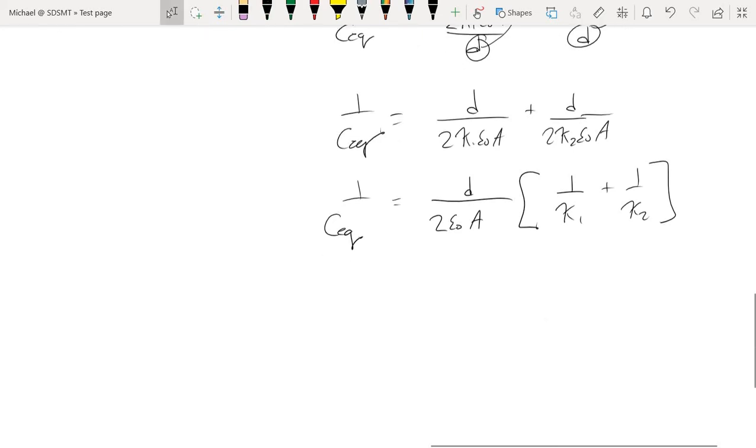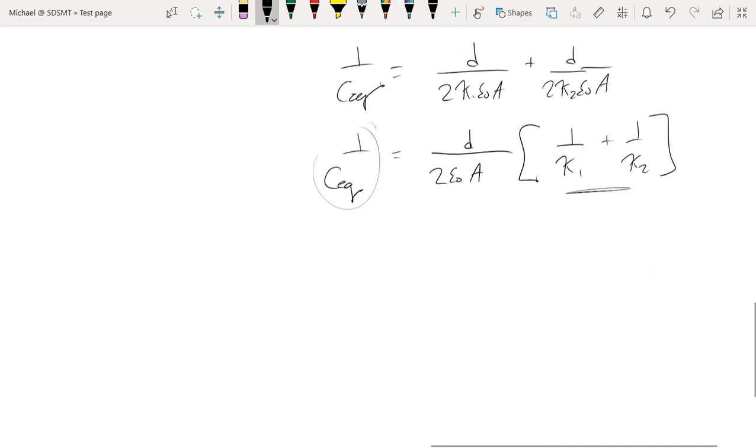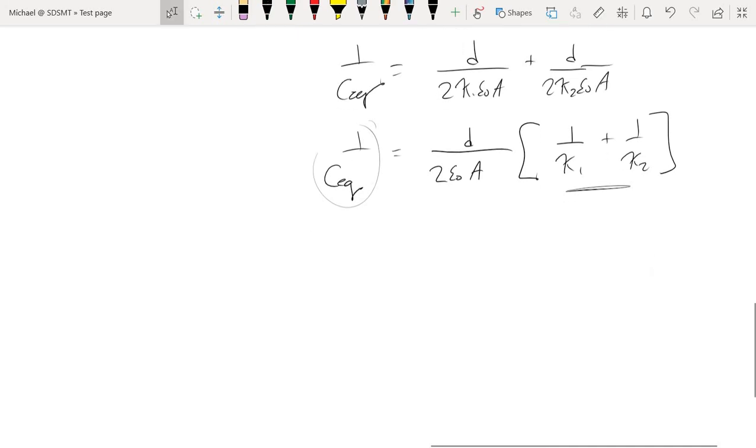Now, I know we're waiting to flip that over, but before we do that, we need to combine our kappa values. To do that, we need a common denominator. That means we need to cross multiply between the terms. We have kappa 2 plus kappa 1 all over the combination of the kappa values.